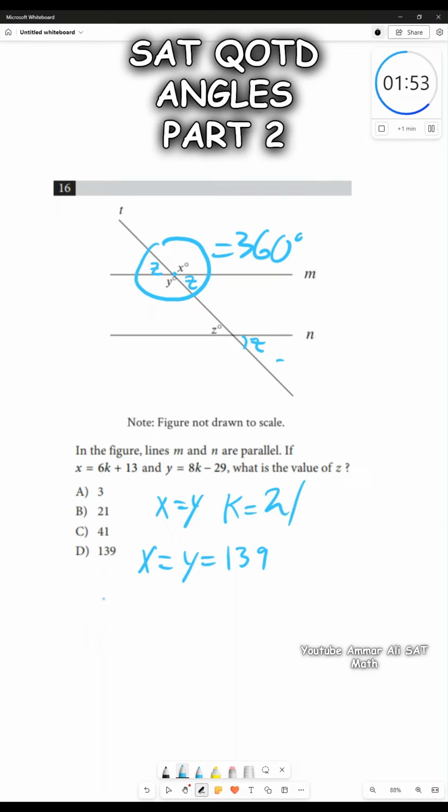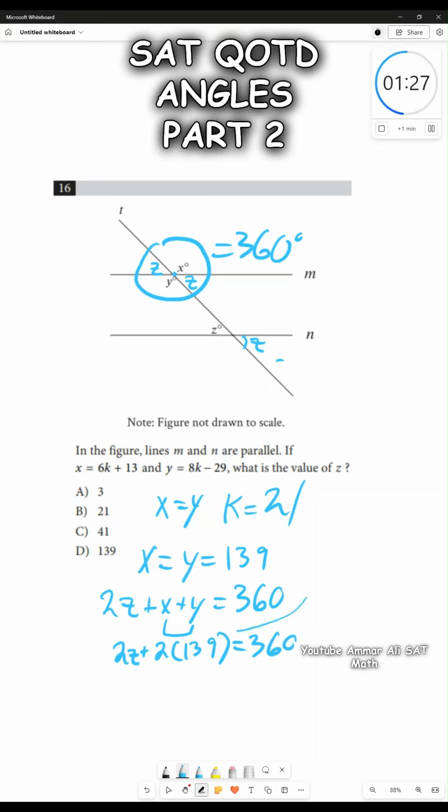So we know that 2 times z plus x plus y is going to equal 360, right? And remember, x is equal to y, so this is just the same thing as 2 times 139, and then we add our 2z in here, right? And that is all going to be equal to 360.